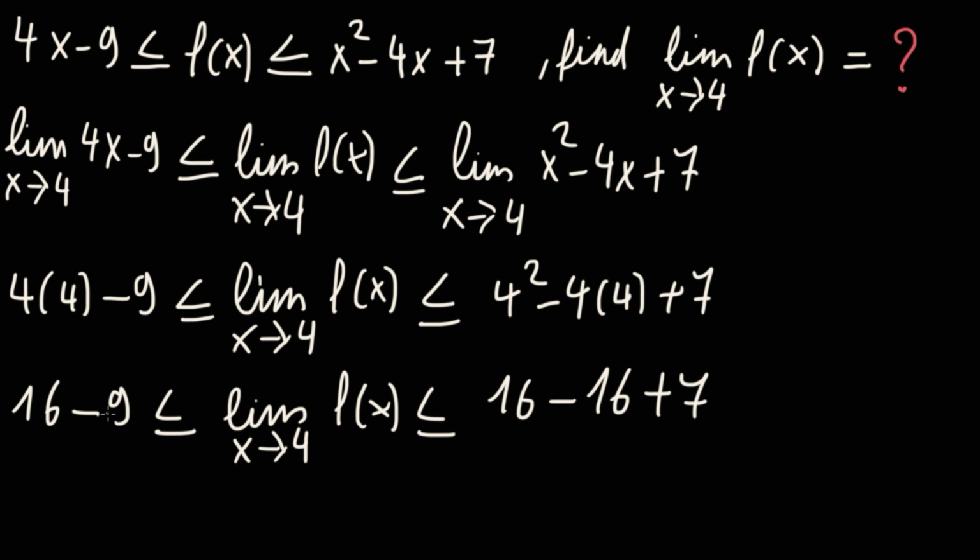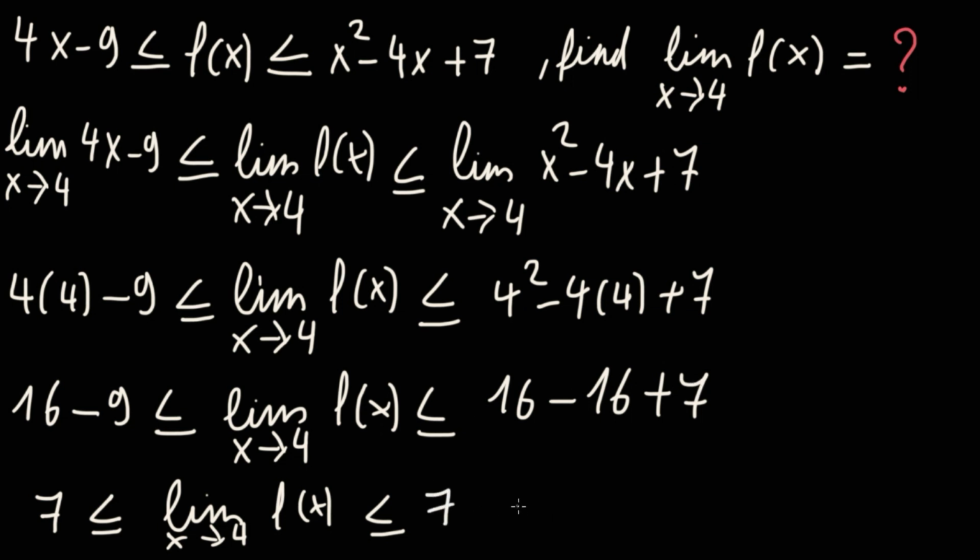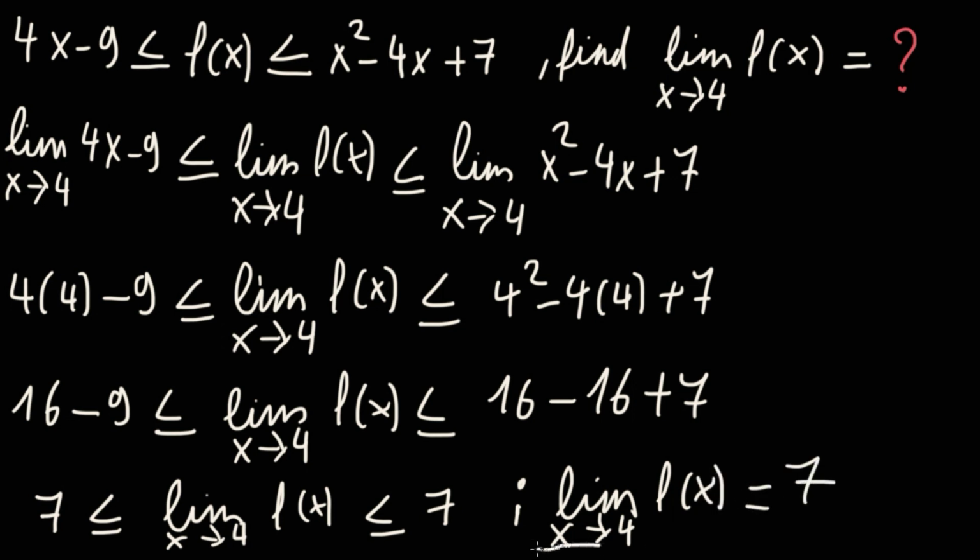So 16 minus 9 is 7, so it will be 7, then the limit as x approaches 4 of f of x, and then 16 minus 16 is 0, 0 plus 7 is 7. So that means that the limit as x approaches 4 of f of x is equal to 7. That is the answer.